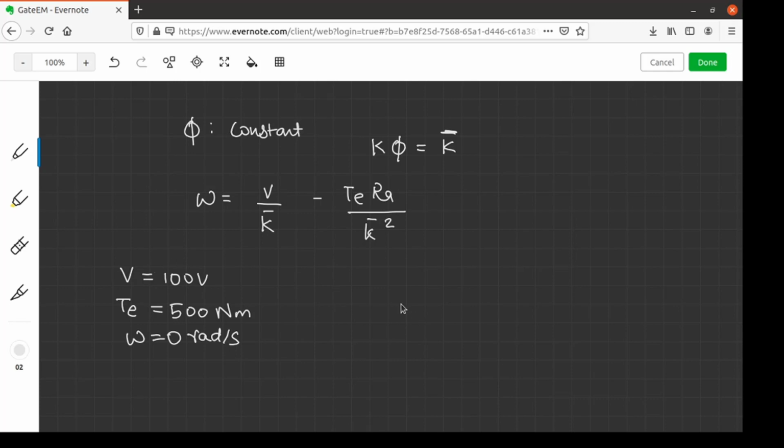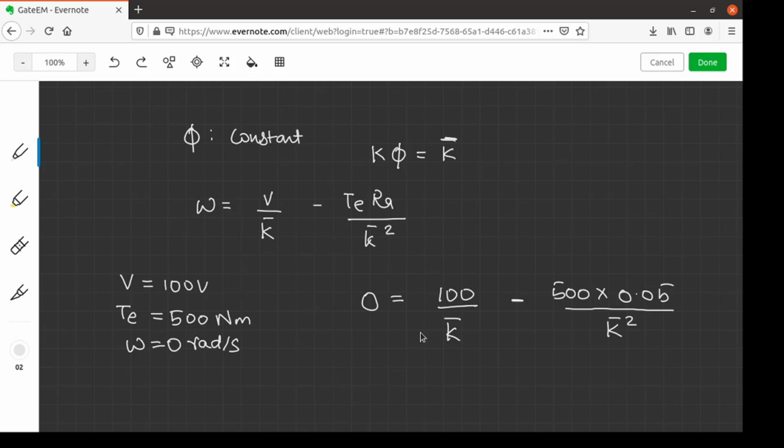So when you substitute this, omega equals 0, which means 0 equals V is 100 divided by K bar minus T is 500 and armature resistance given is 0.05 divided by K bar square. So I'll multiply the entire expression throughout by K bar square.